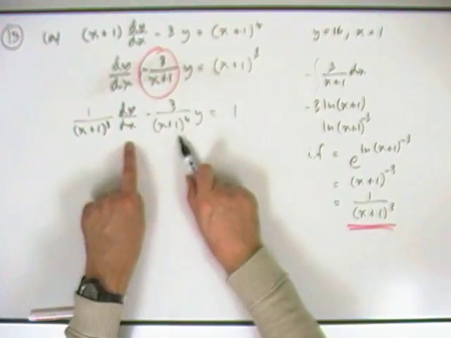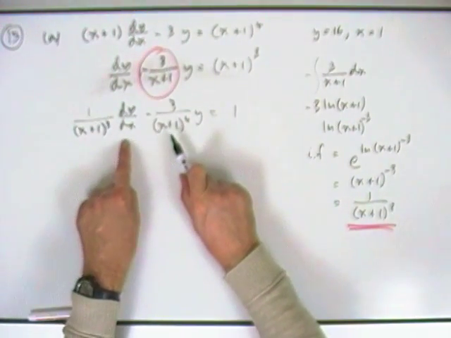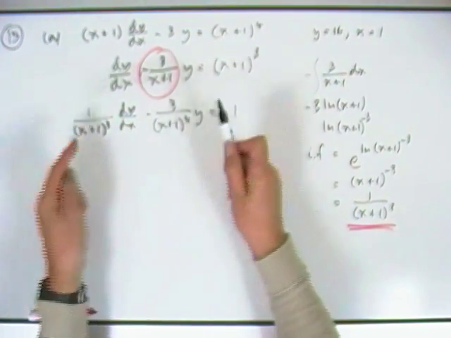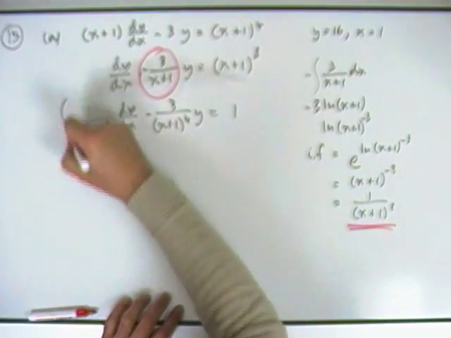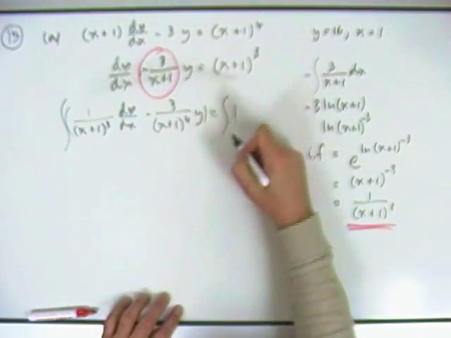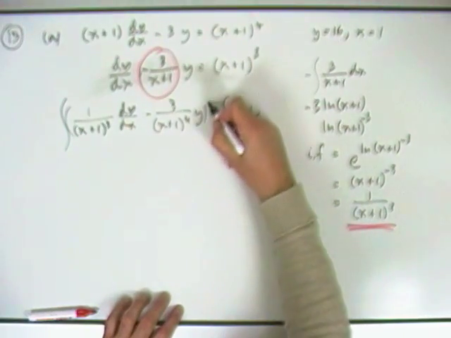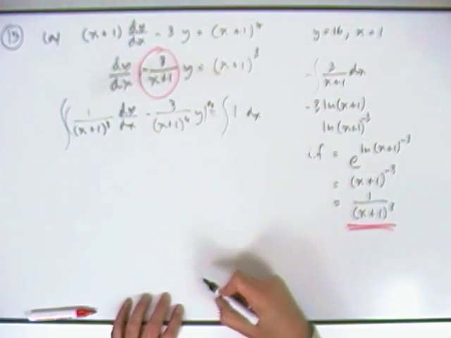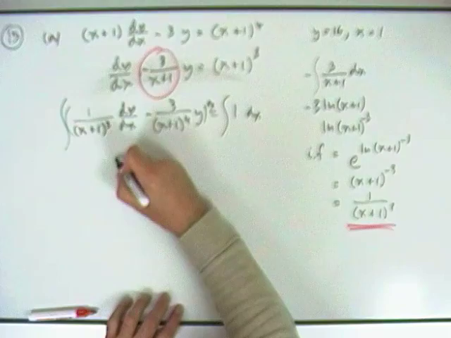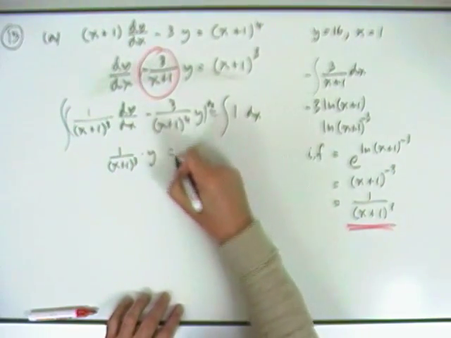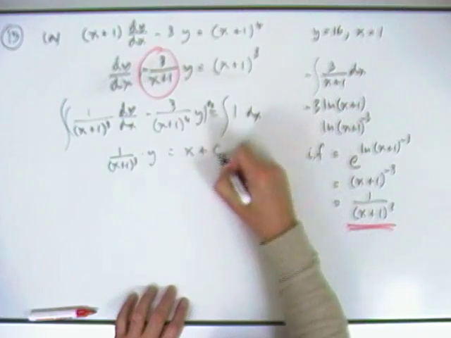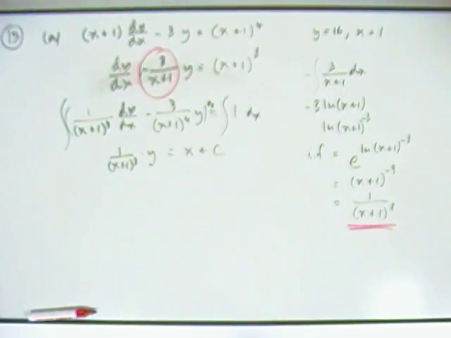The important thing here is that's the expansion from the product rule. So if I integrate that, it'll go back to the product. So integrating both sides, oops, I should put the wee dx there as well. Integrating both sides puts that back to 1 over x plus 1 cubed y, and that side goes up to x plus some constant c.